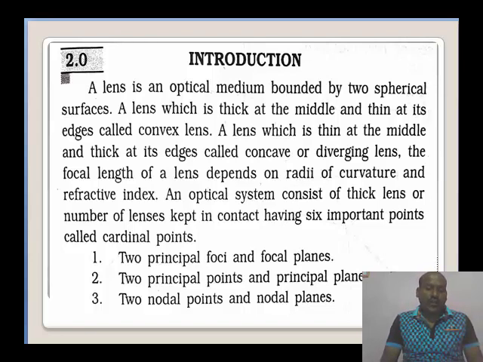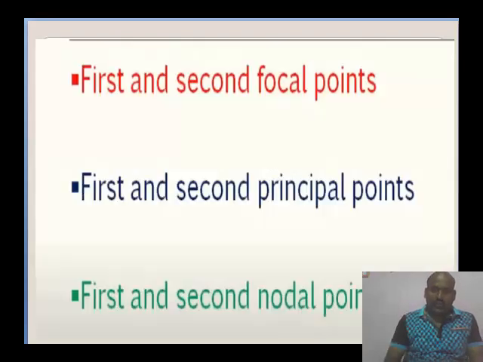There are six cardinal points: two principal foci, or principal focal planes, two principal points, and two nodal points, and their corresponding planes. How they are obtained, you will understand one by one.